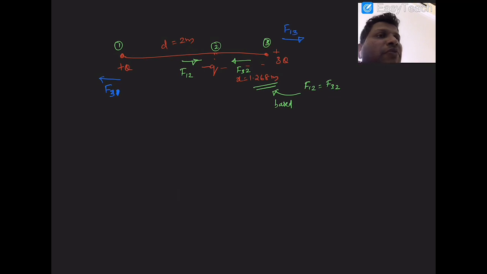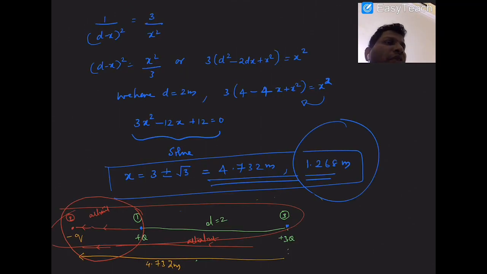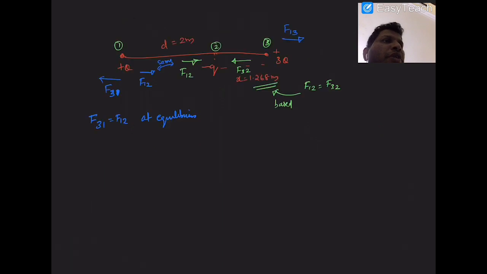The force in this direction is the same. So F31 will be equal to F12 at equilibrium. So this will be a possible solution. That's why we will take only one solution.